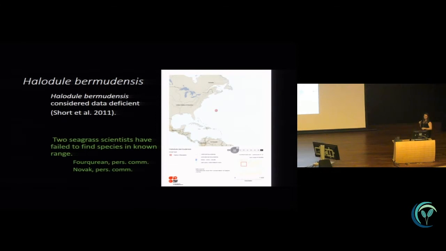So the thing that we would have to do is go and sample some of the old herbarium specimens that are Bermudensis and compare them. That then becomes a research question that we have to prioritise, and that makes it data deficient. So we just have to go through that cycle rather than just saying, because someone went looking for it, they couldn't find it. That might be this plasticity issue. Okay.